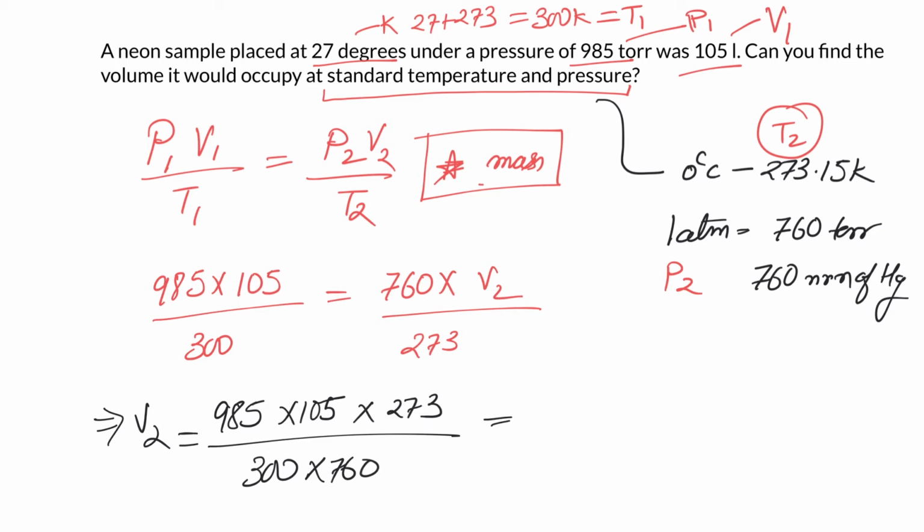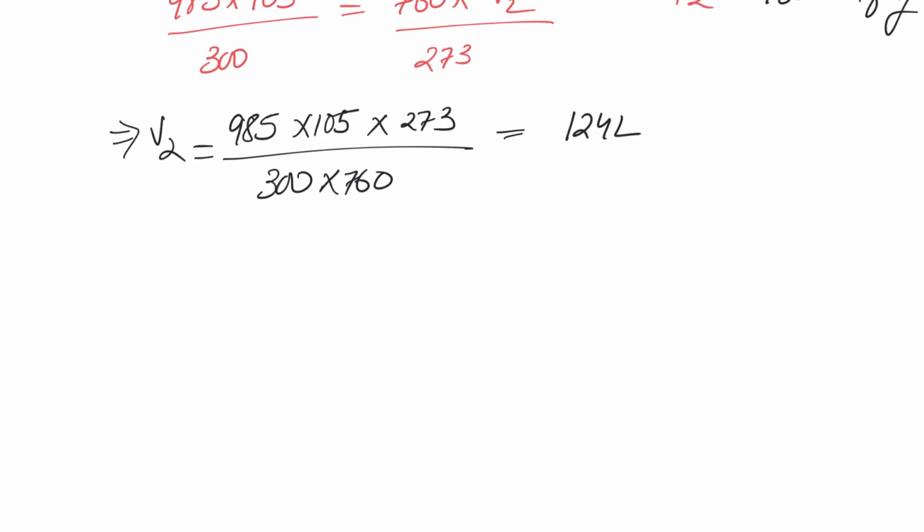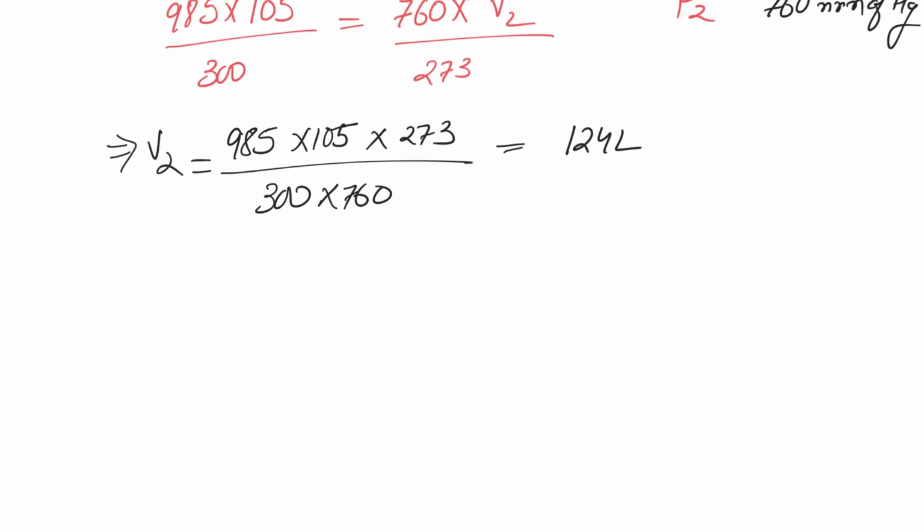I am going to leave the maths to you, but I have already done it, and it comes out to be 124 liters. Now, remember a neat trick. Just to keep your work clean, you can avoid writing the units here. You can, not that you should.